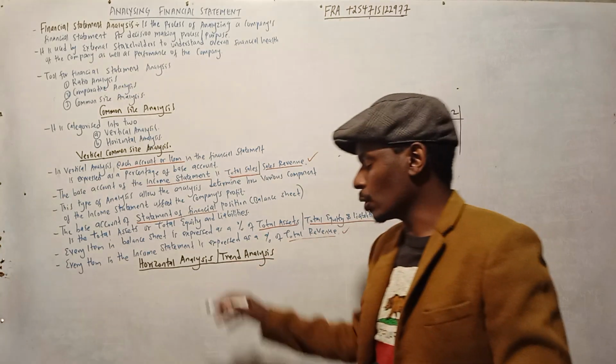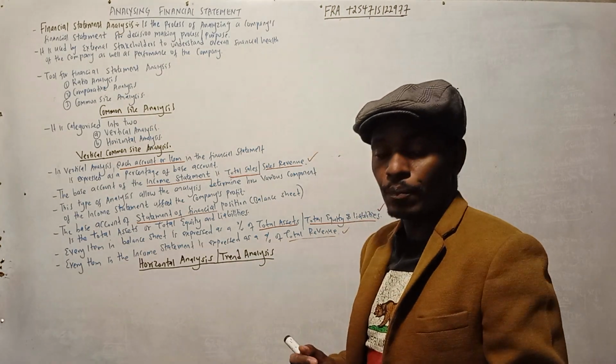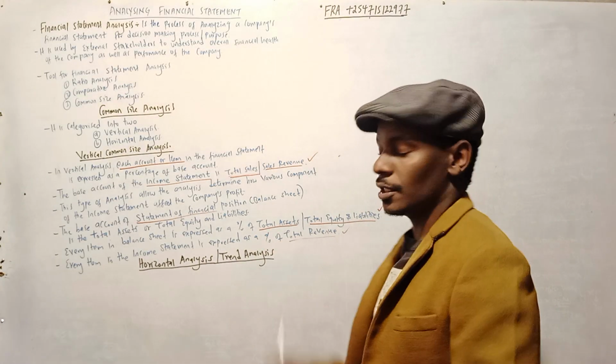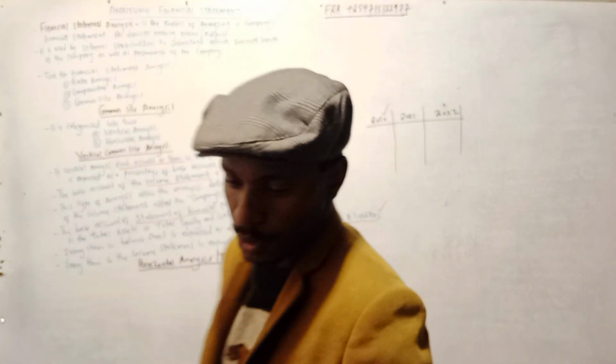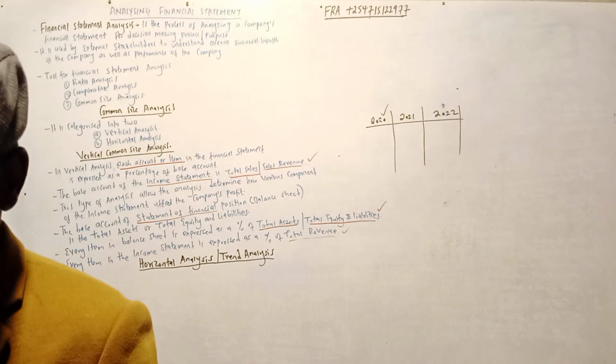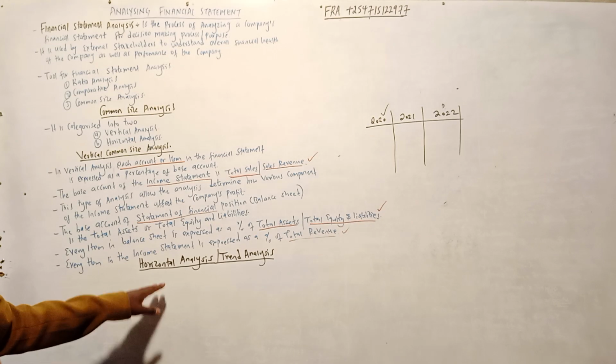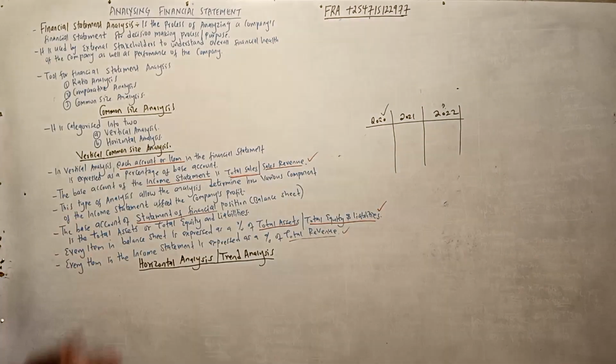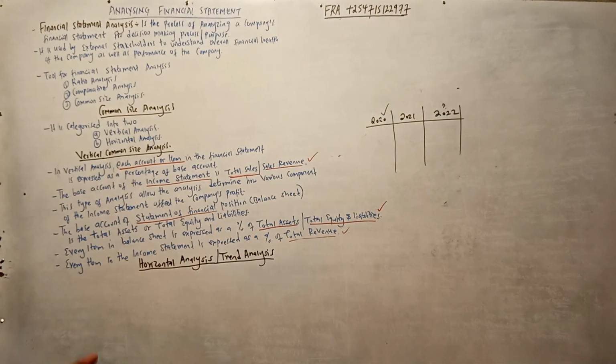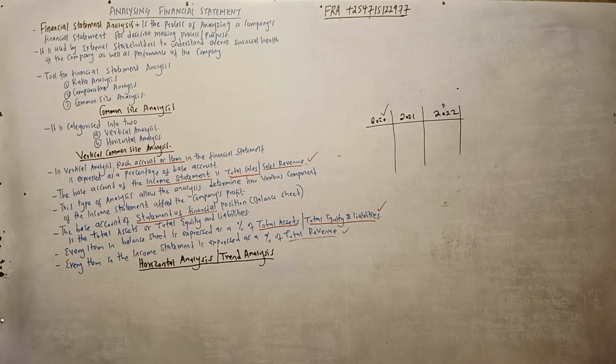So when we talk about the horizontal analysis, this is where we have a base year as a base for analyzing the financial statement. In this case, we do not consider vertical or horizontal, but we consider the trend within different periods.